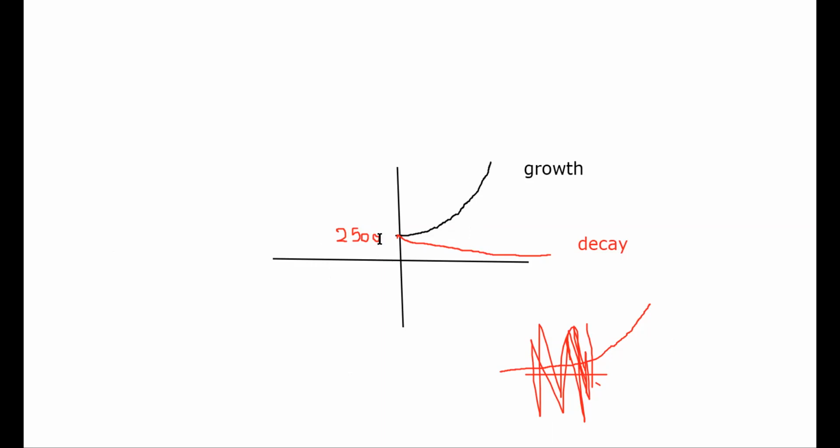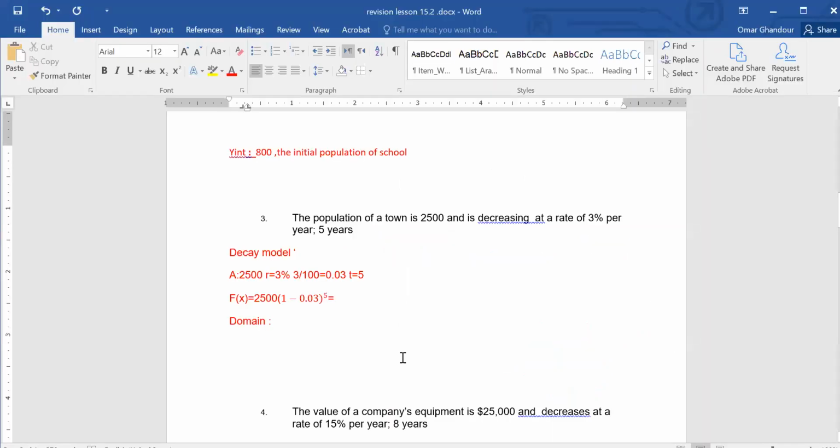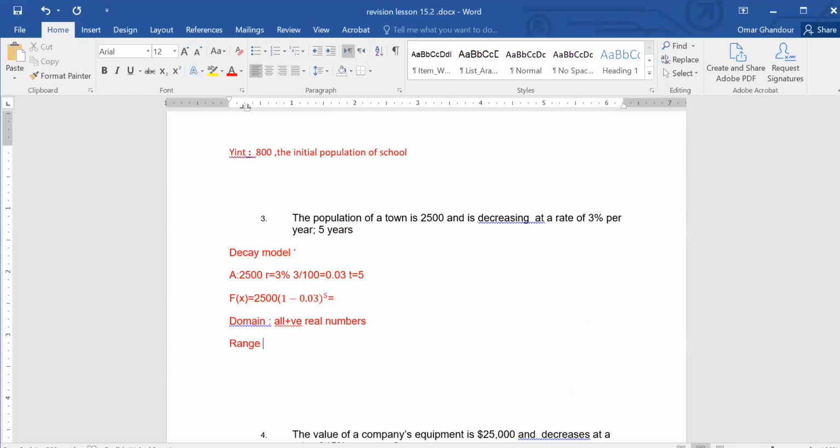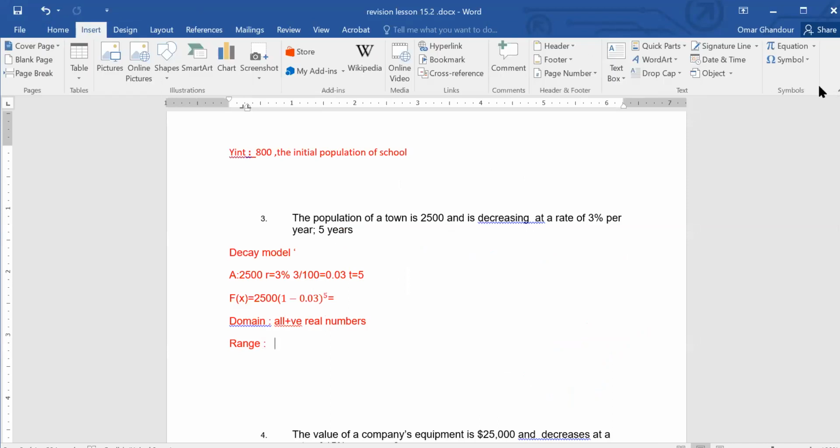So I'm going to write it in this way. My domain is again all positive real numbers. But for the range, as I told you, it started at a certain number and reached 0. Since we are writing an inequality, it will always be written in this way: you write y in the middle, and you have to write the minimum number here and the maximum number here.